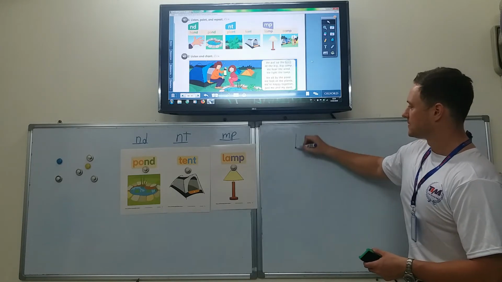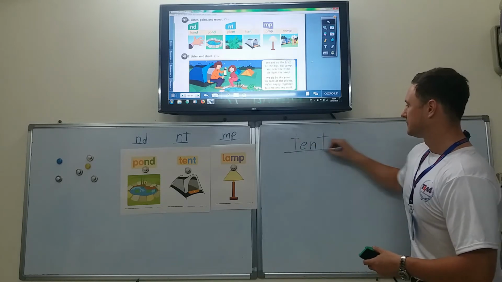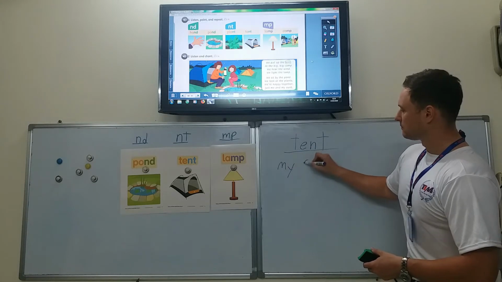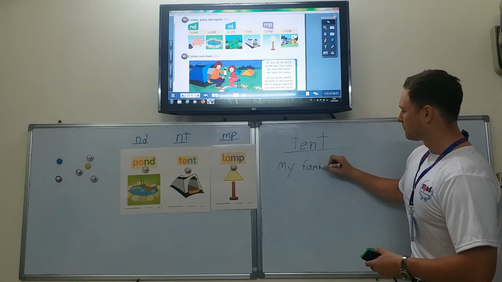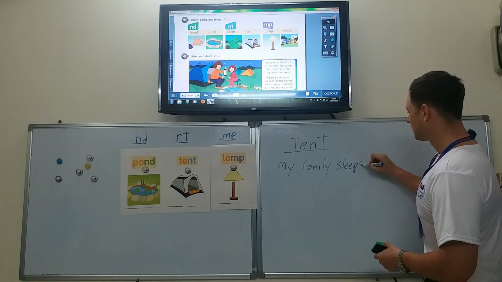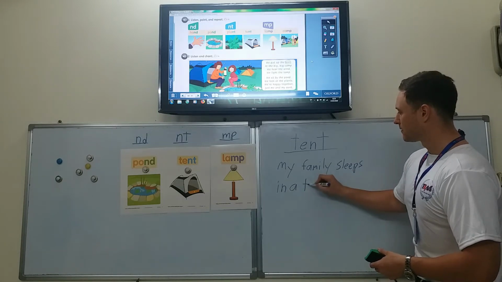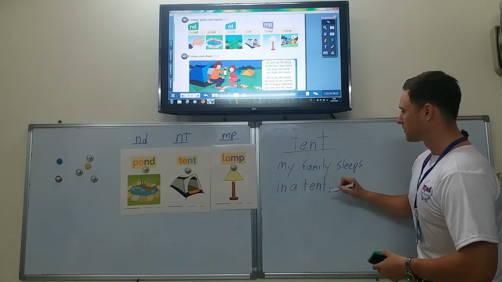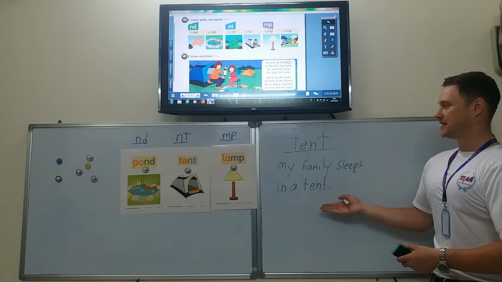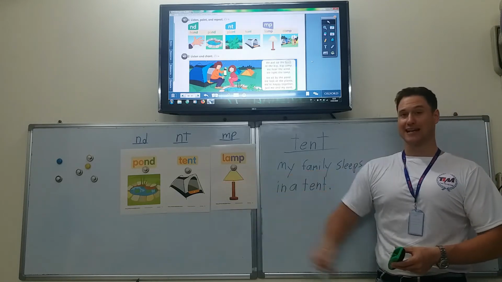Tent. T-E-N-T. My family sleeps in a tent. The same thing, can you think of two more sentences for tent?